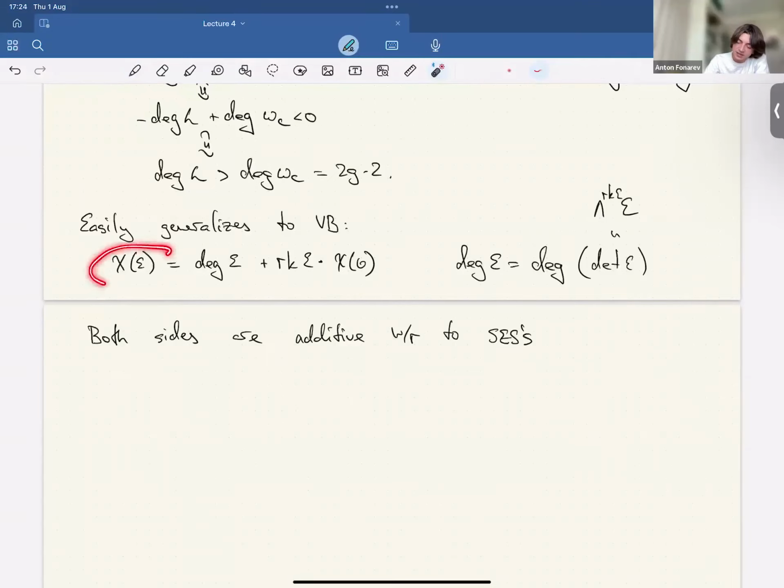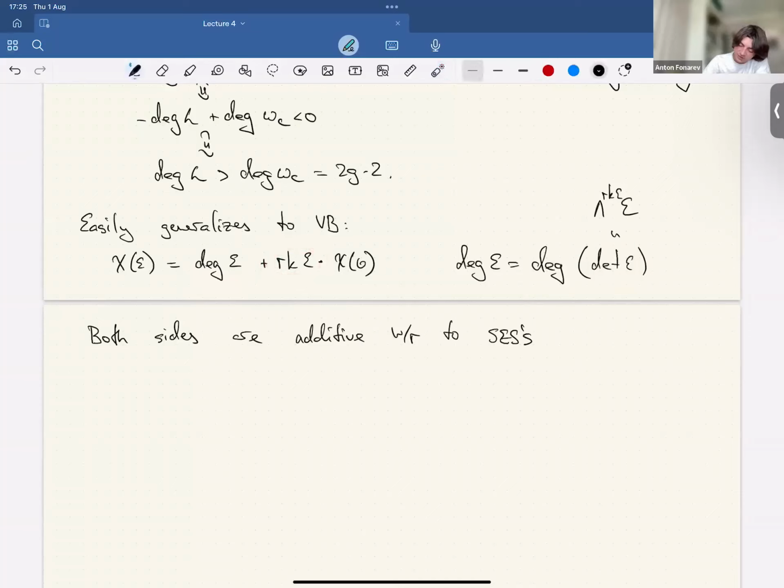I've said that chi is additive because it comes from k naught, from the universal additive invariant. Degree is additive because if you have a short exact sequence, the degree of the middle term is the sum of the degrees of the side terms, literally because the determinant of the middle term is isomorphic to the product of the determinants. Finally, rank is also additive in short exact sequences of vector bundles.